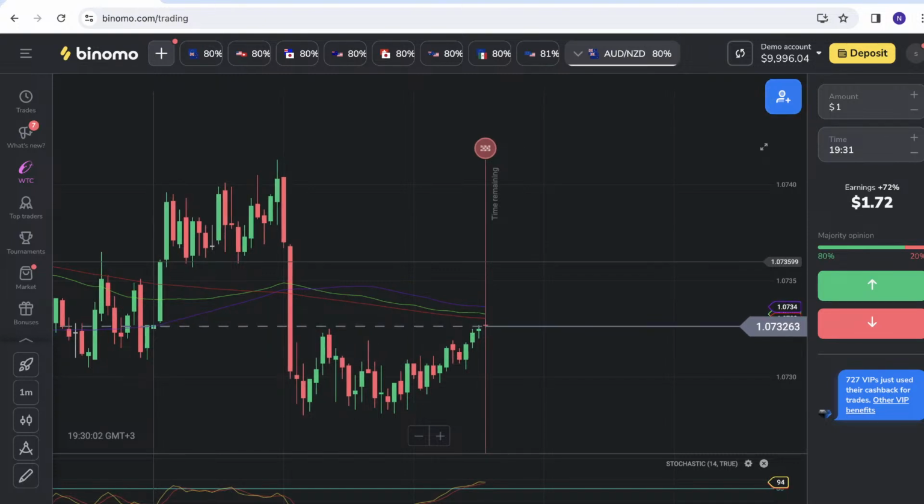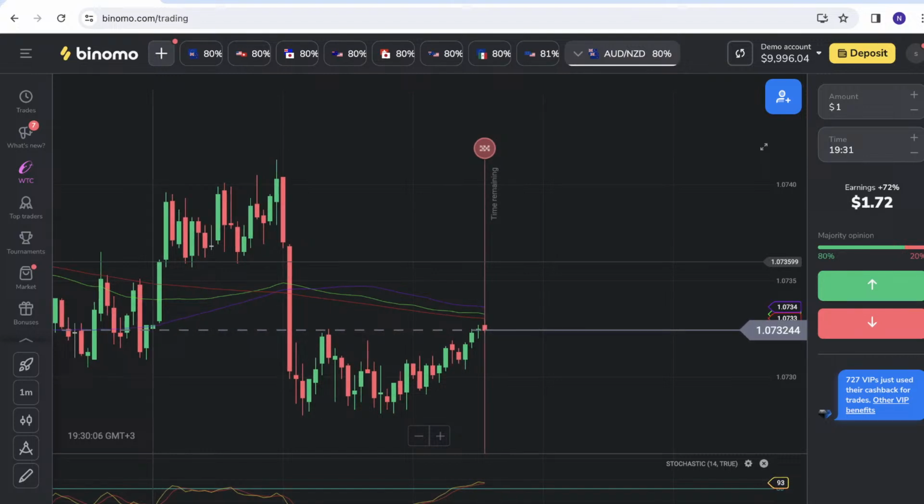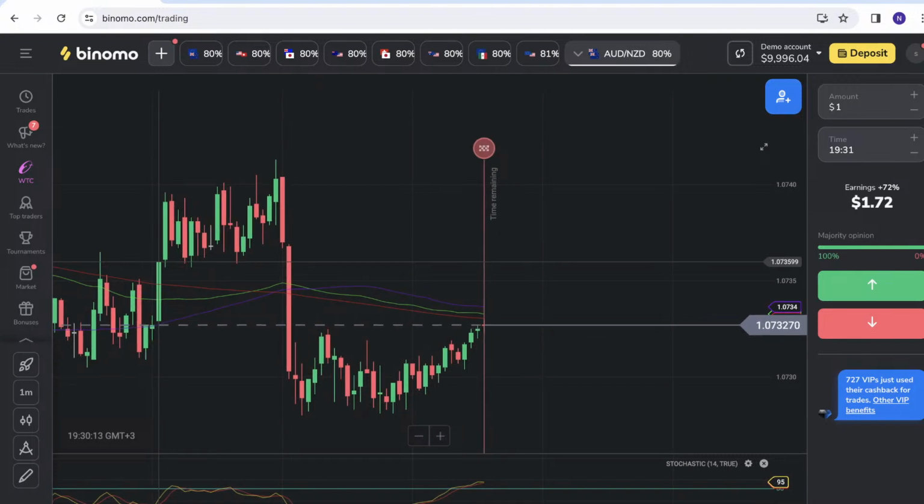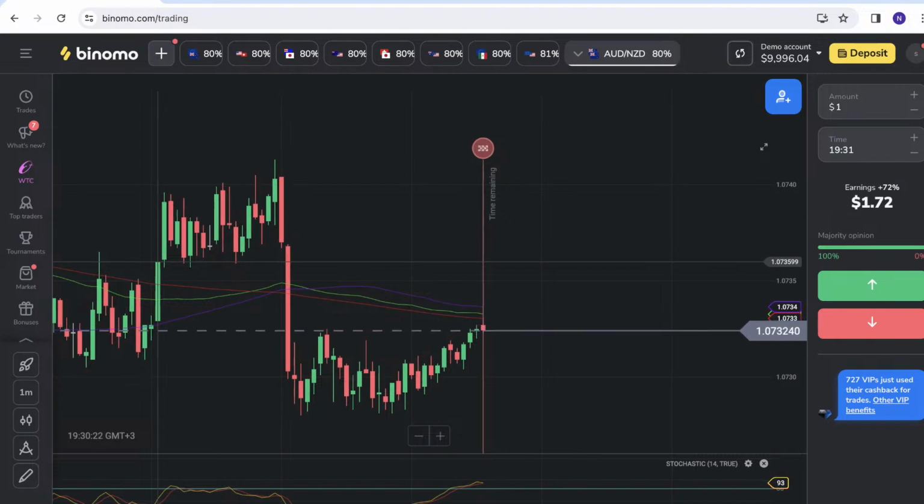If you trade from morning till evening, I think you will get good trading signals. I mean, if you try to find your trading signals when the European and American trading sessions open, in this case it will be a good chance to get good trading signals.